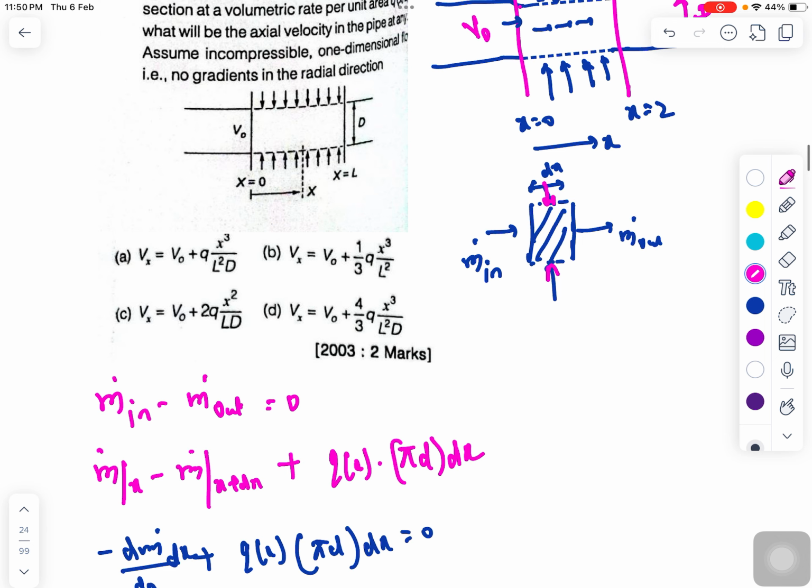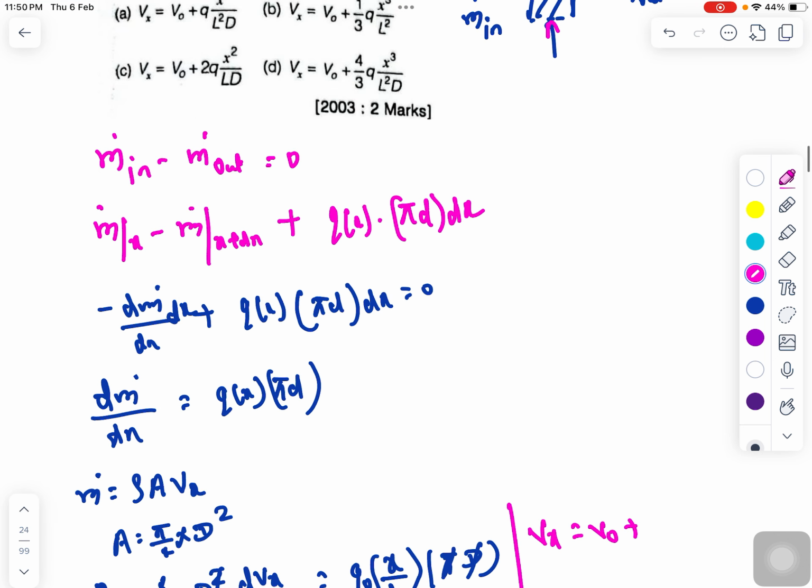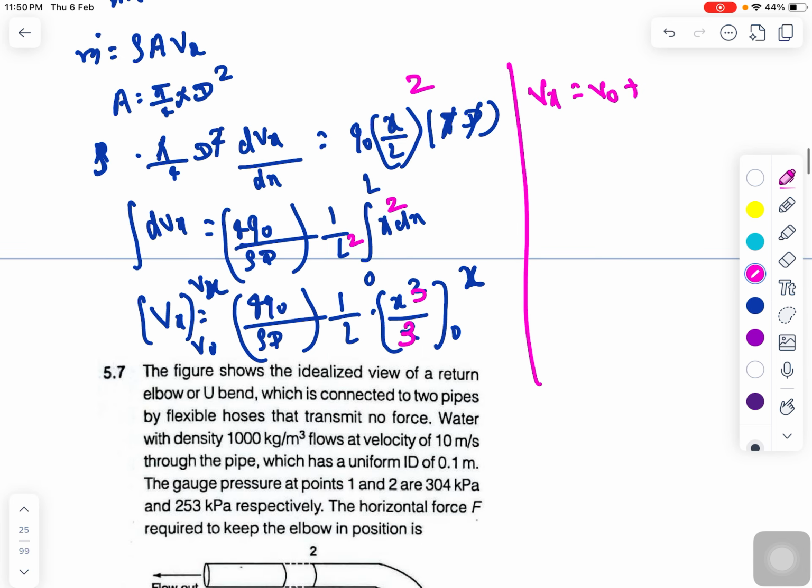It has been given as qx by L whole square, sorry for that. So that is x cube by 3 only, and here there will be L square. So vx equals v naught plus 4 by 3 q naught by rho d into x cube divided by L cube, something like that.